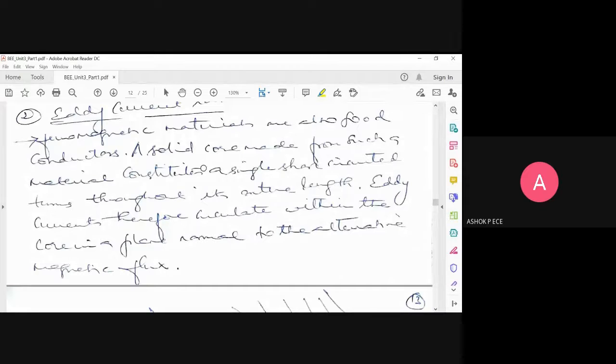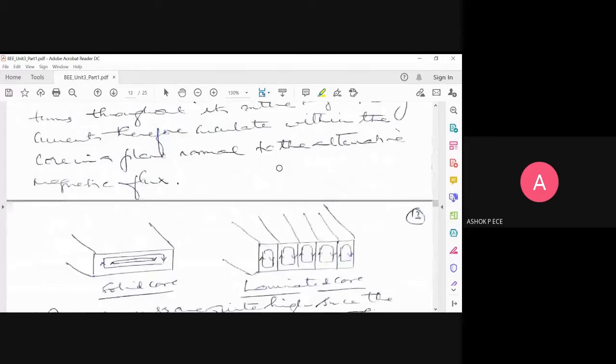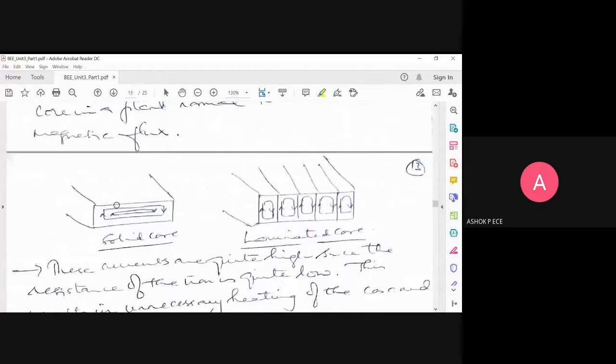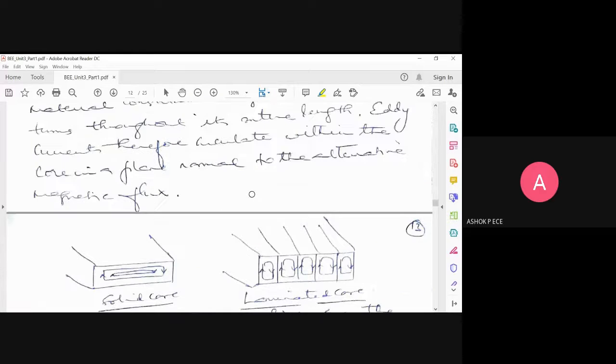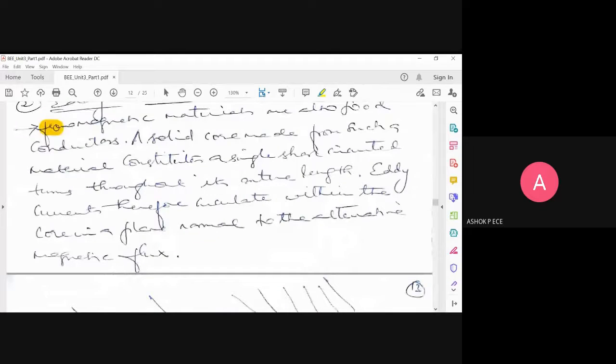So what happens when current is going to flow inside them, you will have currents internally flowing inside the conductors at every layer. You see, when you have a solid core, a single core, the current is forming loops inside the core and flowing. When you are going to have a laminated core or different sections of a single core, inside each section you will be having some current flowing because of the conductive nature of the ferromagnetic material.